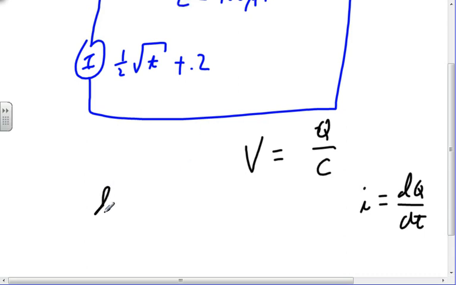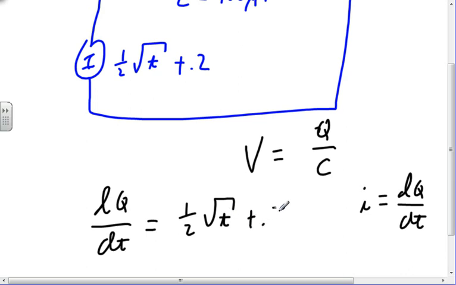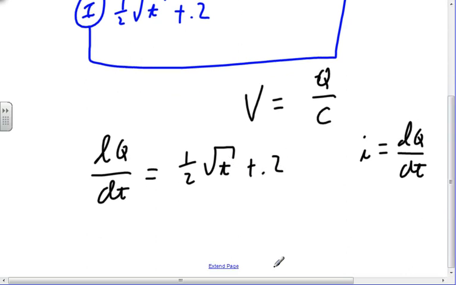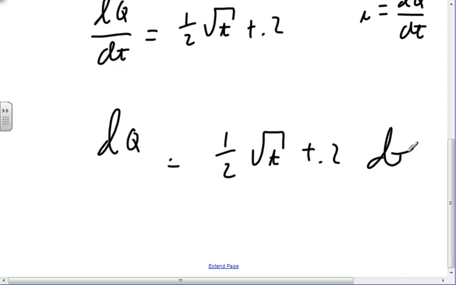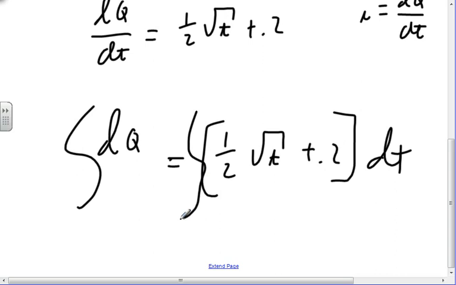So that means dQ dt is going to be equal to 1/2 the square root of t plus 0.2. So dQ is equal to 1/2 square root of t plus 0.2 dt. I'm separating variables, that's what I'm doing there. I'm integrating both sides.